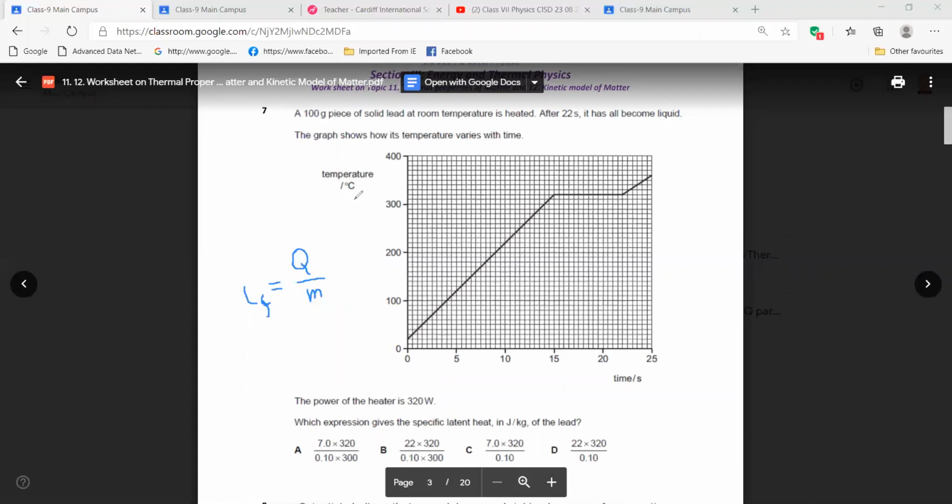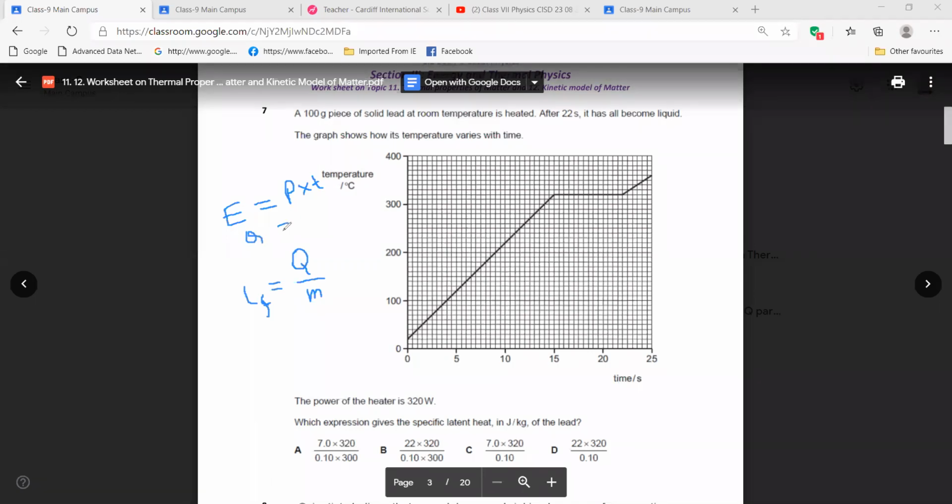So what is the formula of energy? E equals P times t, because power equals E by t. If you rearrange, it comes to P times t. So you can write Q equals P times t.